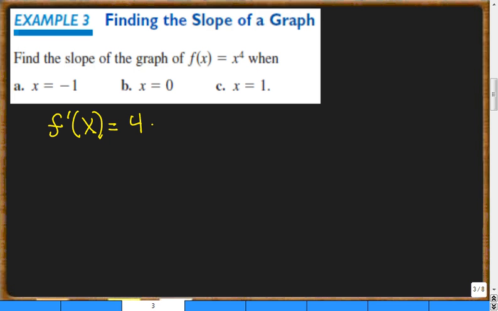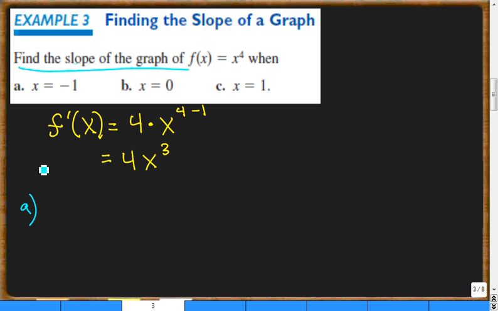So we're going to get 4 times x to the 4 minus 1, which is the same thing as 4x cubed.